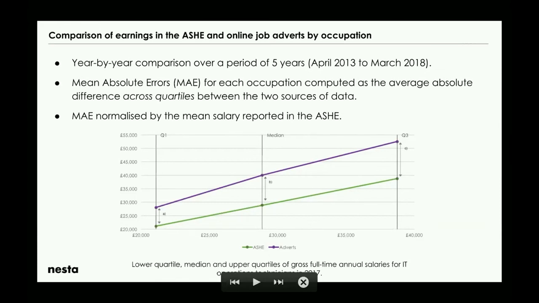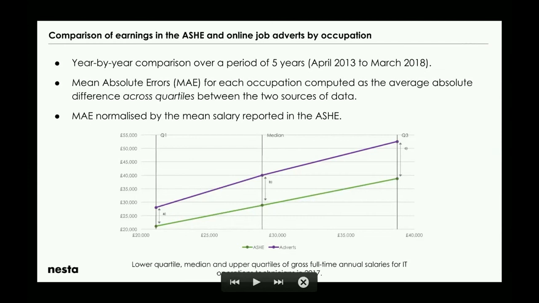So we take the difference between the values of the two data sources in the first quartile of the distribution of salaries, the difference in the median, and in the third quartile, and this is all done by occupation in the 4-digit subcode. And then we average, and then we normalize by the mean salary reported in the survey.